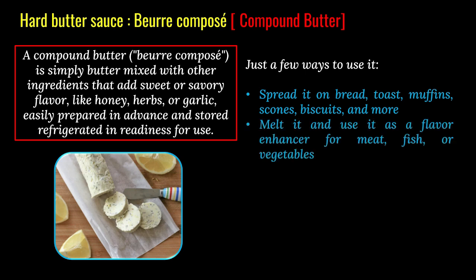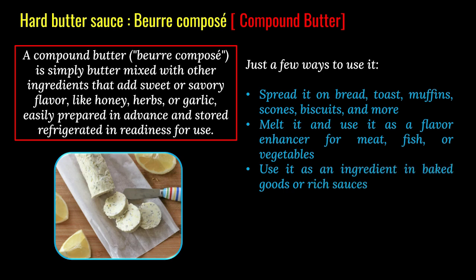Or melt it and use it as a flavor enhancer for meat, fish, or vegetables. That also you can use. Use it as an ingredient in baked goods or rich sauces. Stir it into pasta or rice to add complex flavor.